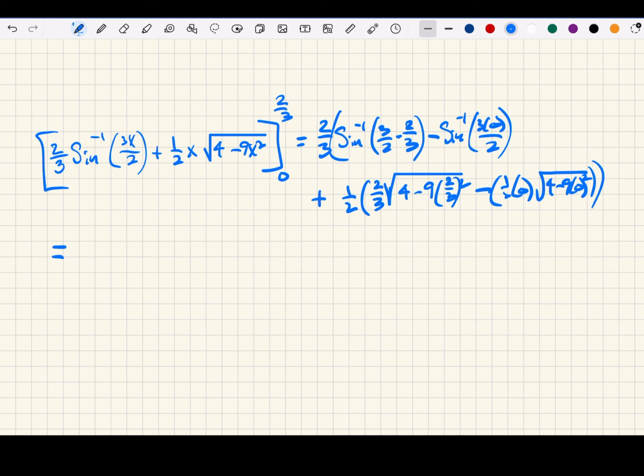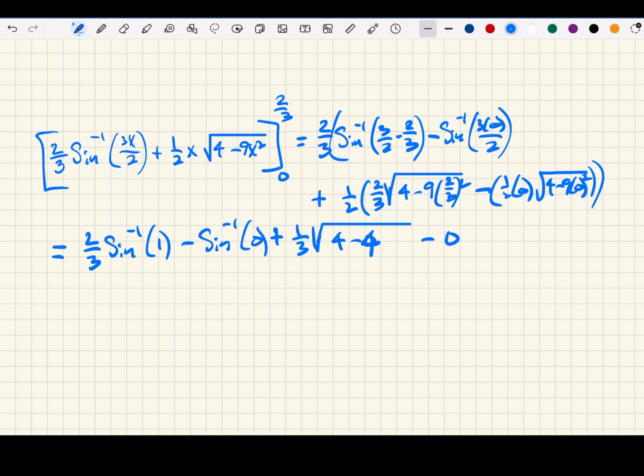And all of this then is equal to 2/3 times the inverse sine of 1 minus the inverse sine of 0, plus 1/3 times the square root of 4 minus 4, which will be 0, minus 0.